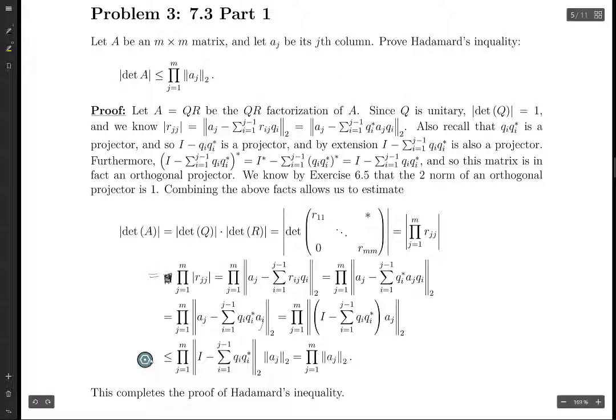We still have this product, and we've got the 2 norm of this and the 2 norm of this. But we proved that these things are orthogonal projectors, and so their 2 norm is 1, and so we're left with just this. And hey, that's what we have at the end here. And so that's what we were trying to prove. And so we've proven Hadamard's inequality. And so we're done.